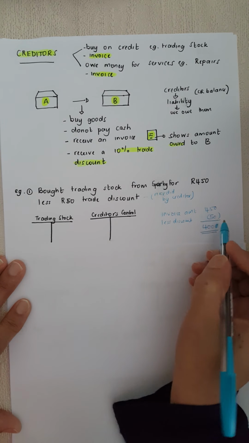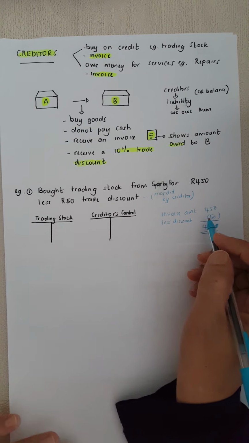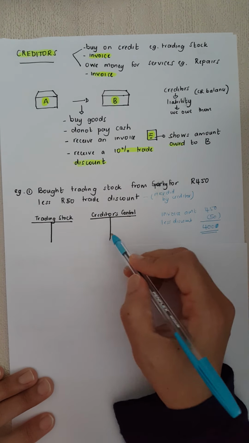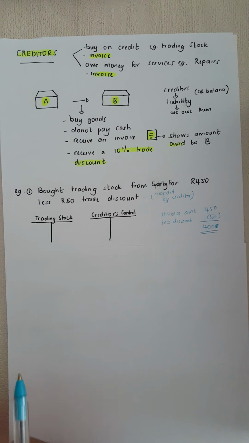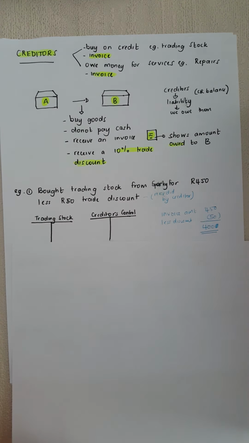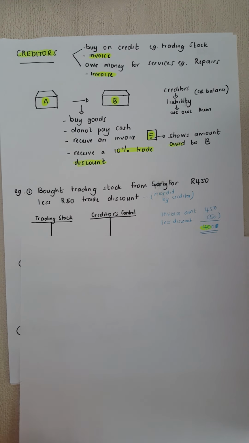We are not going to concentrate on the discount of the 50 Rand. Remember, we will be a debtor for them, so they'll have those 4 entries that we did before in the debtors. For now, it's easier for us. We are the creditors here, so we're only going to concentrate on this 400 Rand amount, which is less the discount.